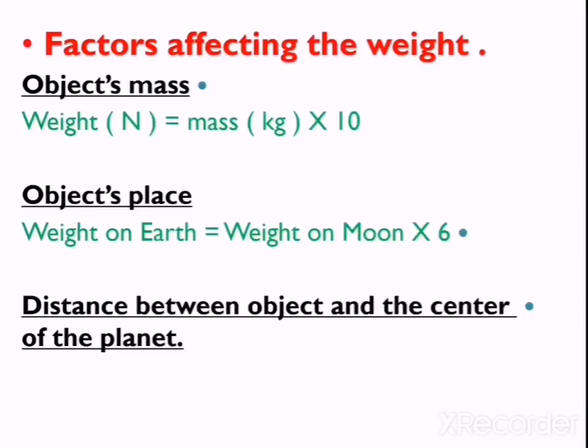So the factors affecting the weight again. Number 1, object's mass. And you can calculate from this triangle number 1 that the weight in Newton equal mass in kilogram times 10.